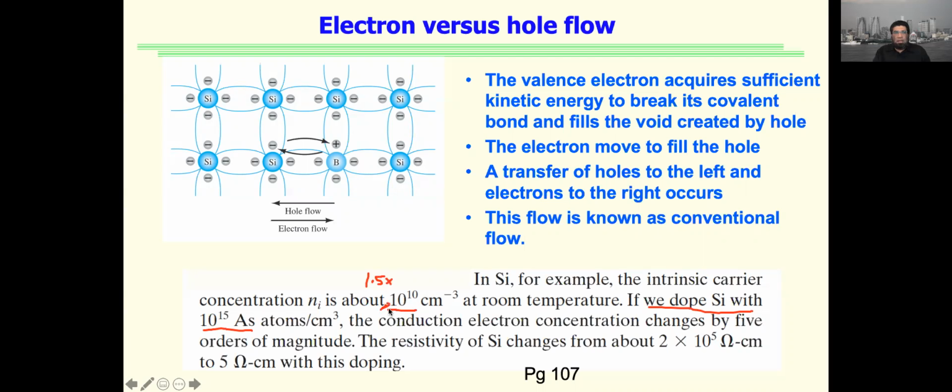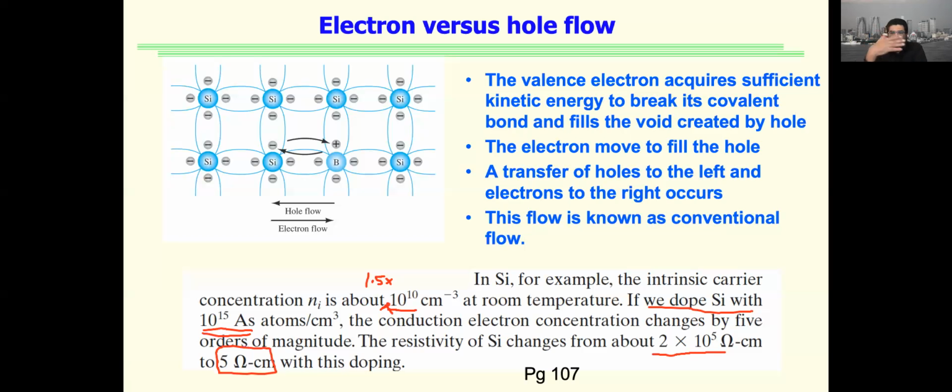And if you add this many arsenic atoms, the resistivity goes from 100,000 ohm centimeter to just 5 ohm centimeter. So you can see there is a 5-order decrease in the resistivity of silicon.